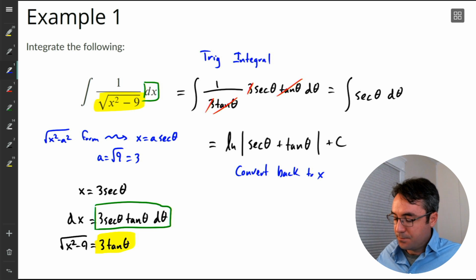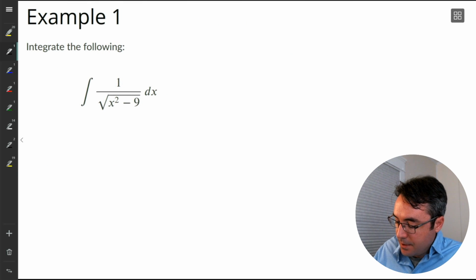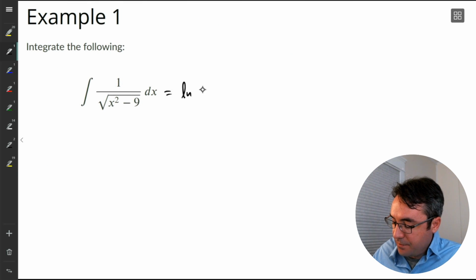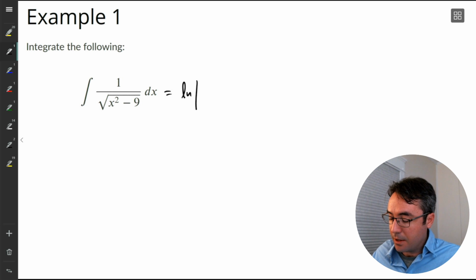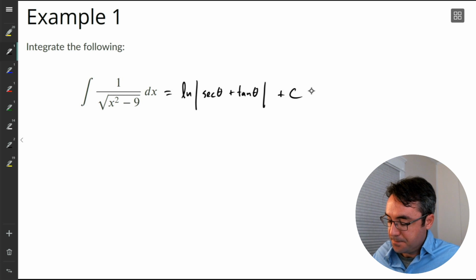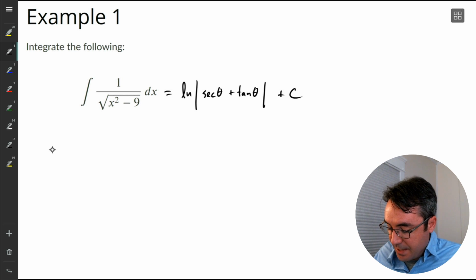So we're going to need a little bit more room for that. So let's go over here. Let's write down our results so far. We have this integral is equal to the natural log of the absolute value of secant theta plus tangent theta plus c. And what else? We said, what was our substitution?